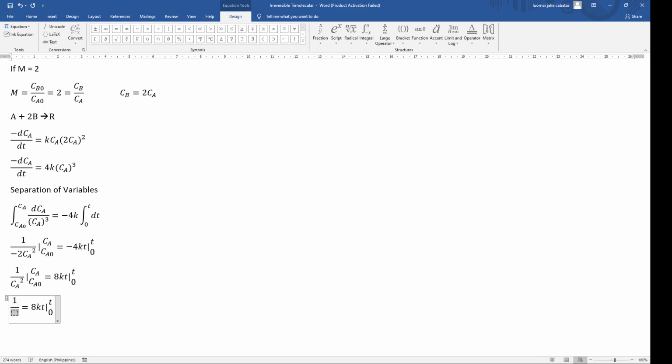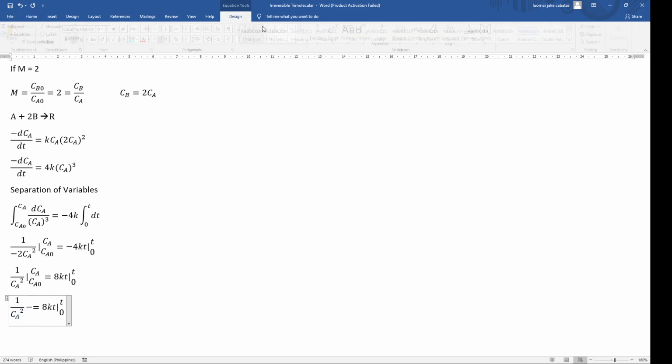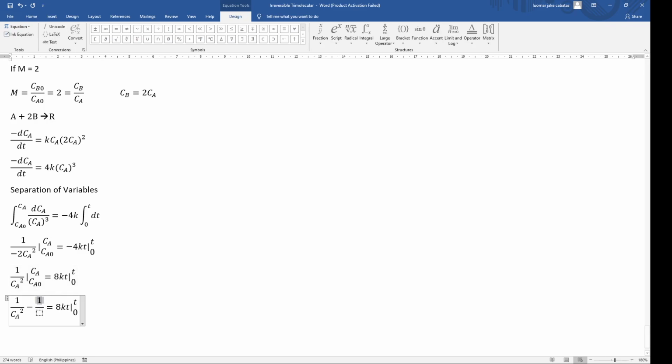1 over CA squared minus 1 over CAO squared, equals 8kt.